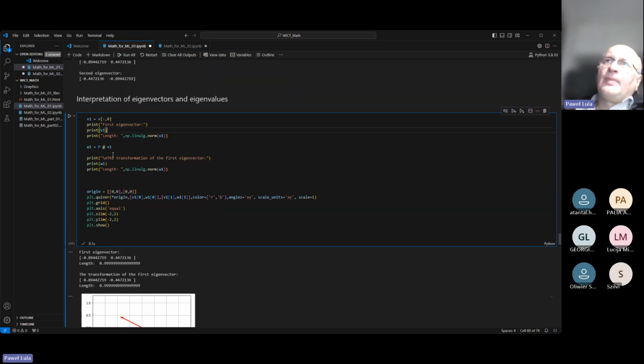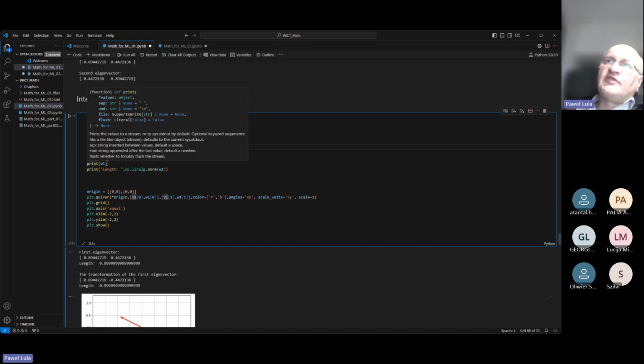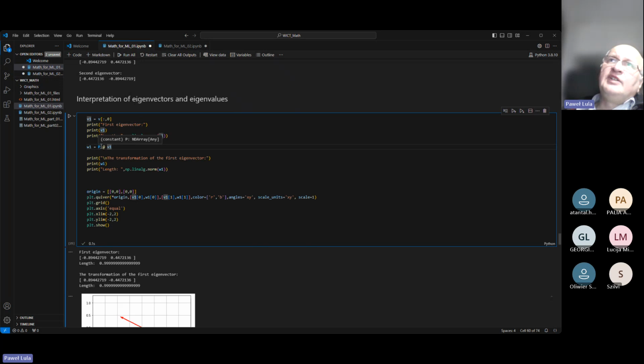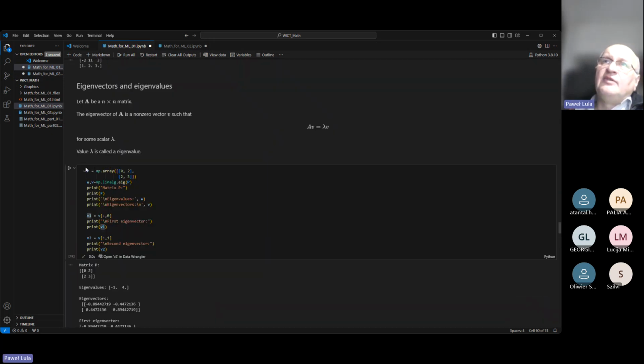And here I calculated a vector W1. It is a transformation of the first eigenvector, and the definition of this transformation we have in the matrix P. It is the matrix for which we calculated eigenvectors, because this matrix P was defined here.